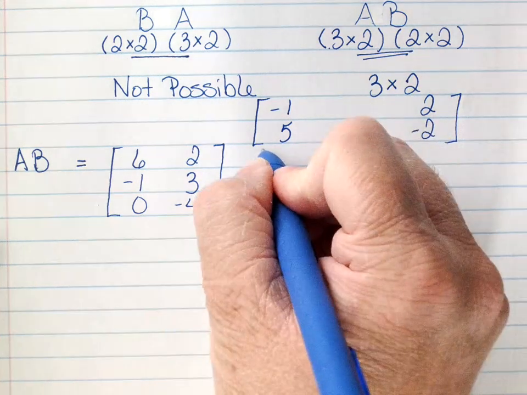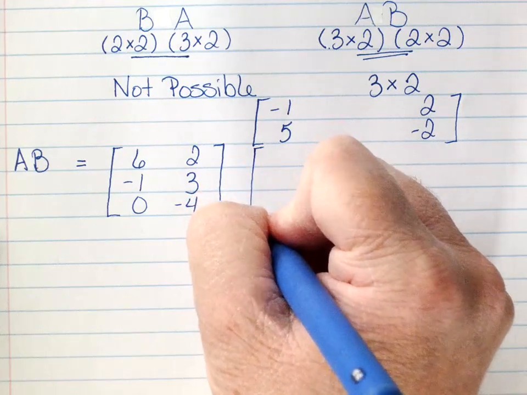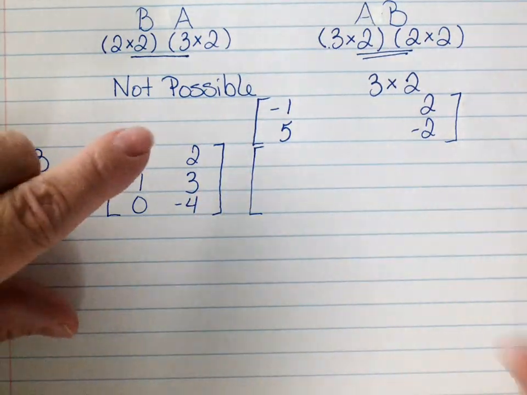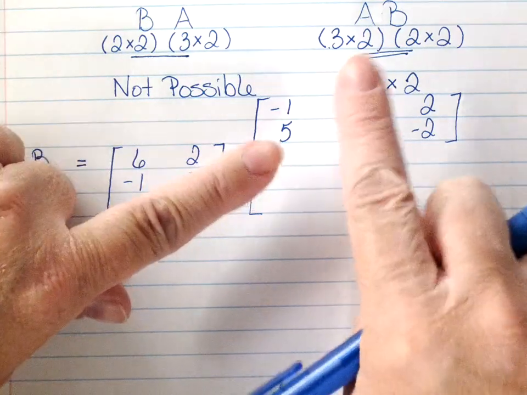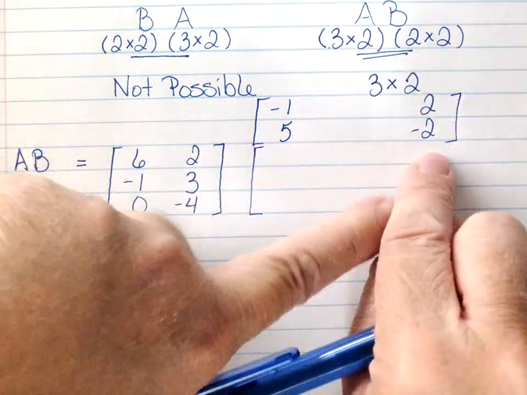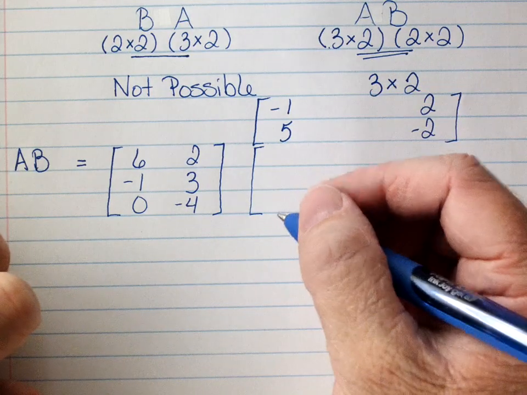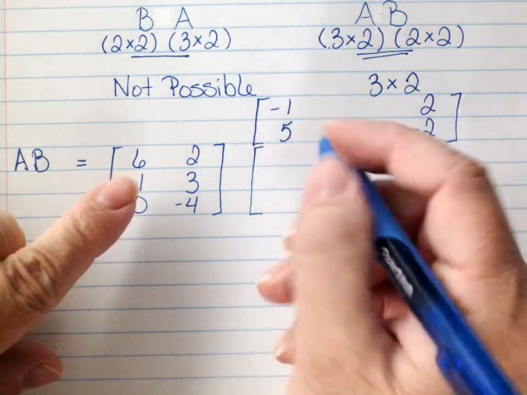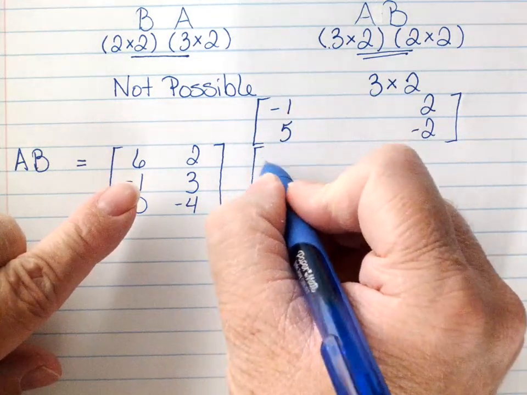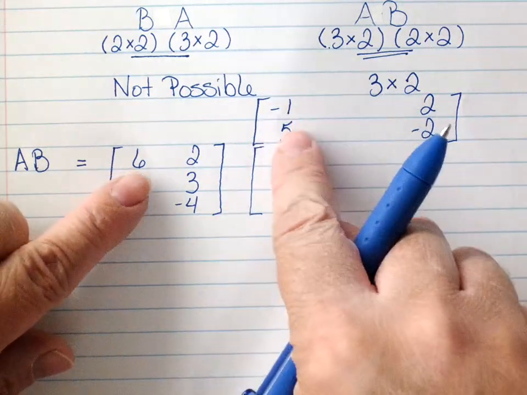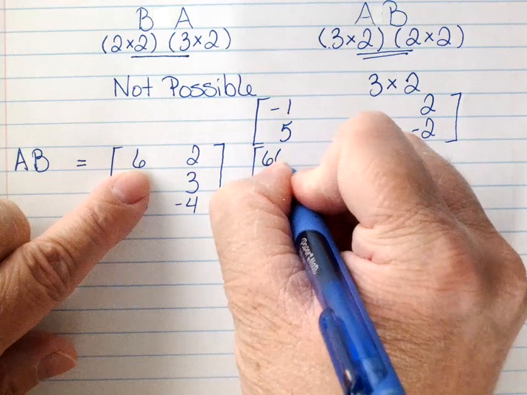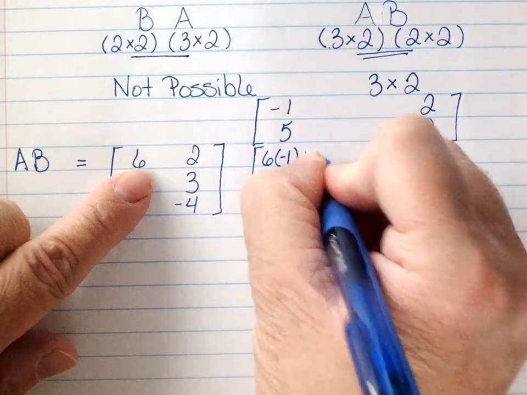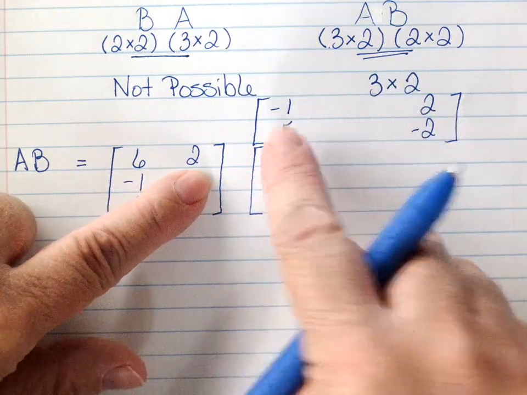Back when you were first learning your multiplication tables, one of the things that you would do is you would have 1 times 1, and you would put them together, and it's 1, 2 times 1 is 2, that kind of thing. We're doing something very similar with matrices. To get the element that goes right here, we're going to have 6 times negative 1 plus 2 times 5.